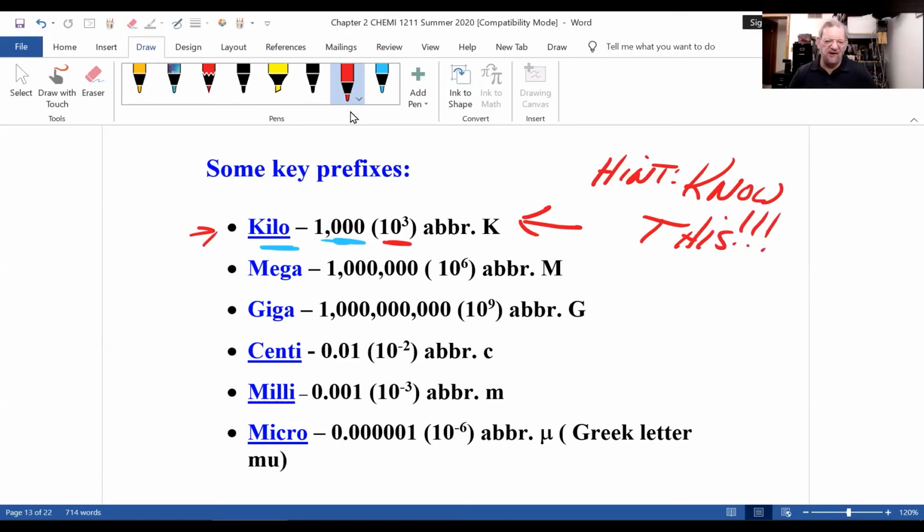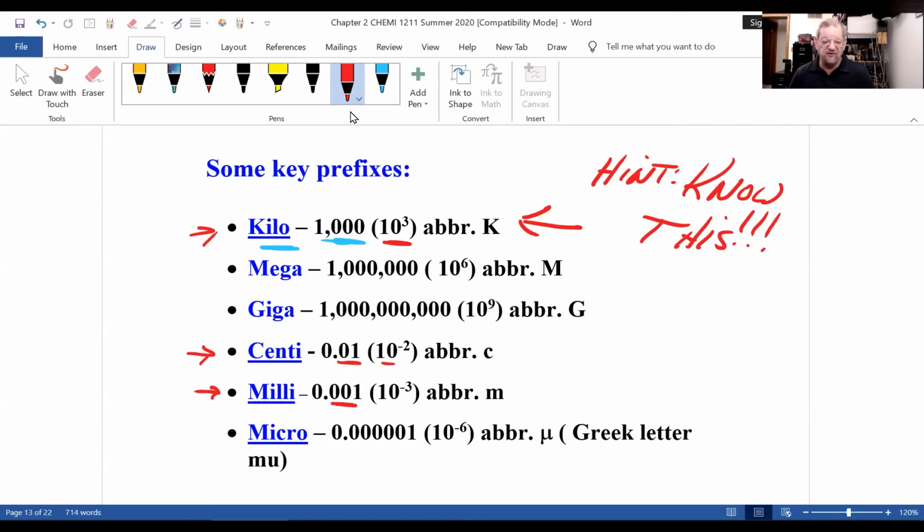Now, mega, like how many megabytes you have, is a million. Giga is a billion. That one's just interesting to know, but you should know centi, like centimeter, that's 100th, 10 to the minus 2. You should know milli, like in milliliter, and that's 1,000th. So a milliliter is 1,000th of a liter.